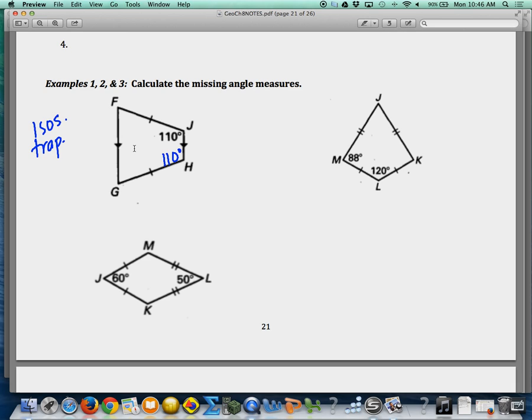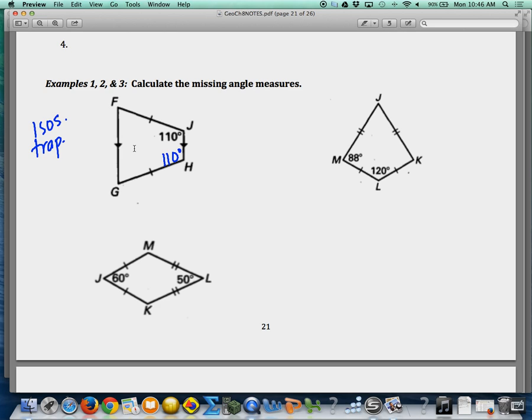Now, how am I going to find F or G? Jordan? Like you can do that 180 times 4 minus 2 to get what the angle measures have to be, and then you can subtract 220, and that's what you have to divide, like for the F and G. Okay, yes, you could do it that way. There's a quicker way though, that I would prefer instead. Julia?